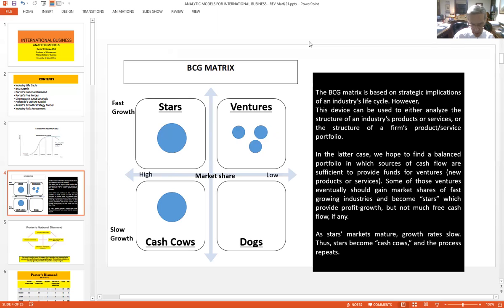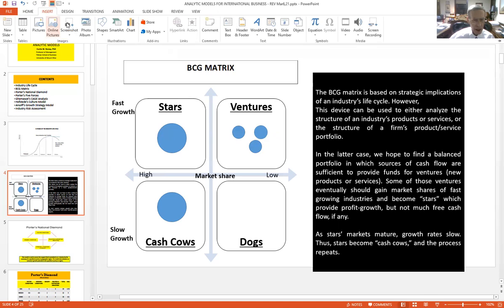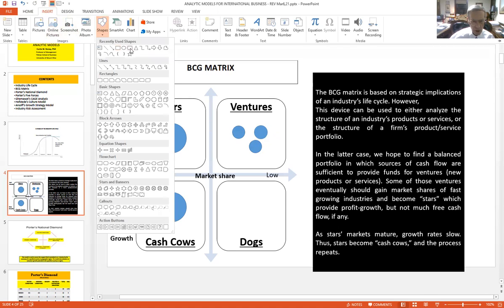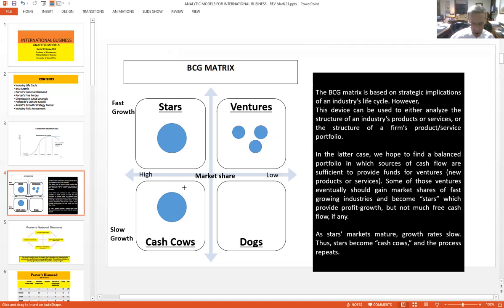What we'd like to have is a balanced portfolio where we have cash flowing from the cash cows to the ventures. If we can do that, we are not as dependent on the banks as we otherwise would be.